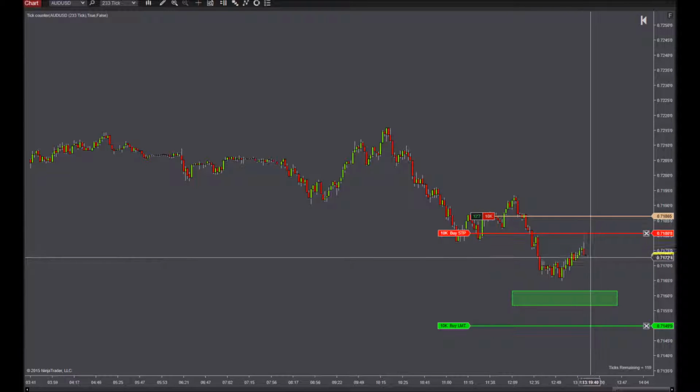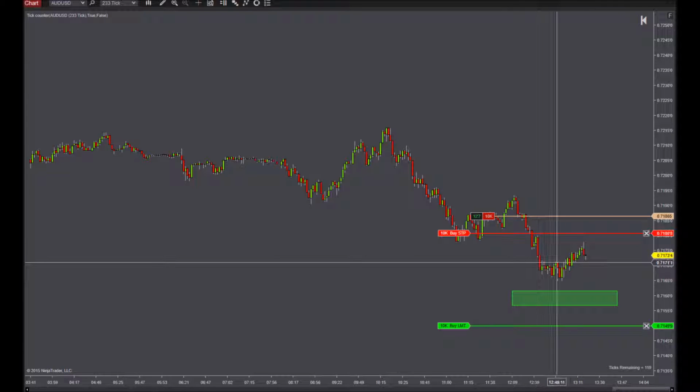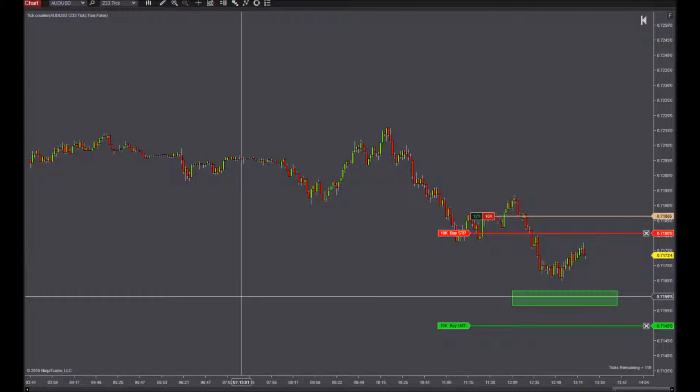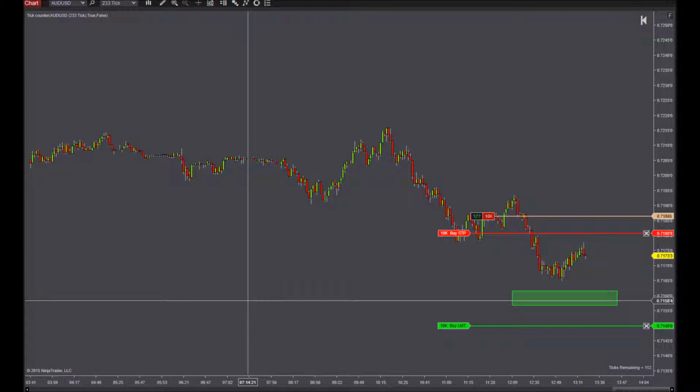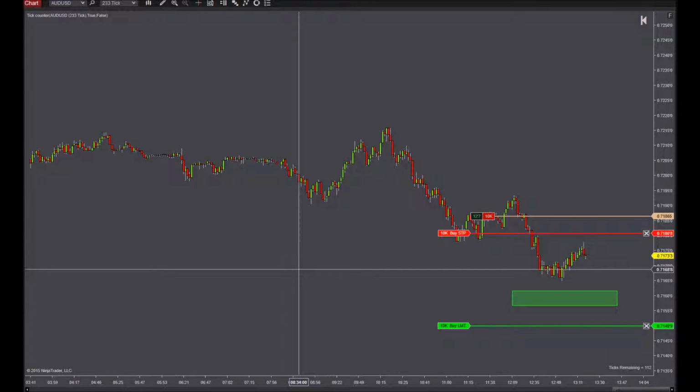Showing some rejection on this current bar, it's a lot of rejection actually. So you need to keep an eye on it.